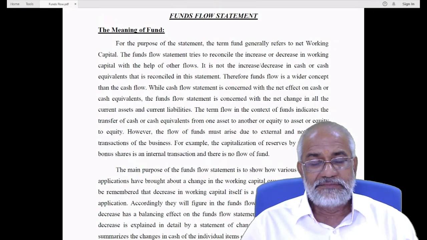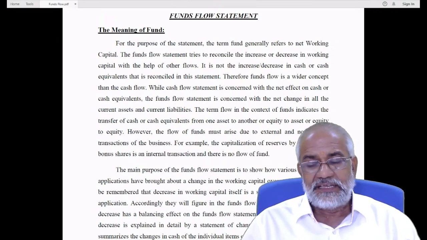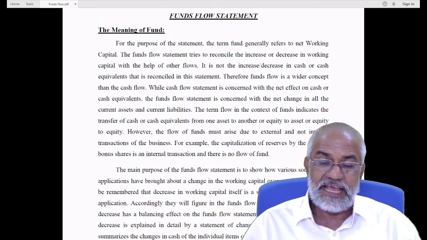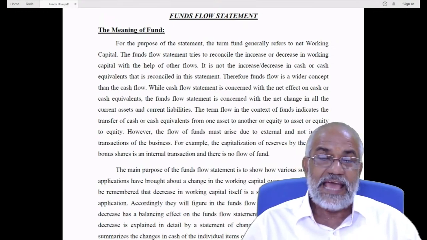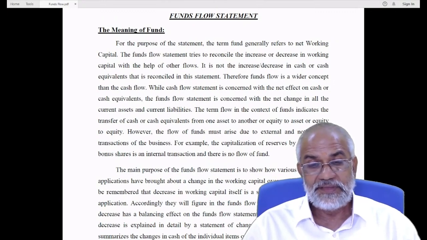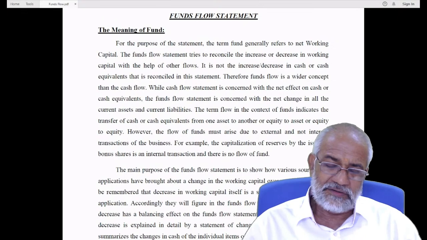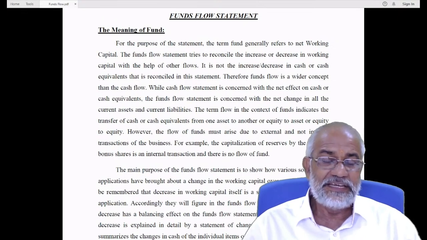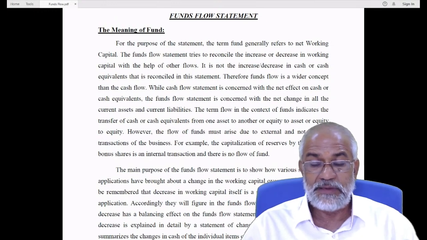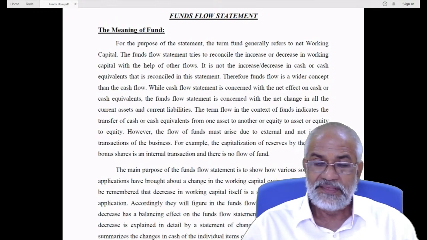So what will happen? Computer is not a current asset, but cash is a current asset. So when cash is paid, cash is being reduced by 50,000, and it will definitely reduce the net current asset position or the fund position by 50,000 rupees.